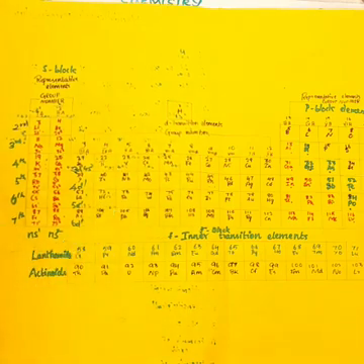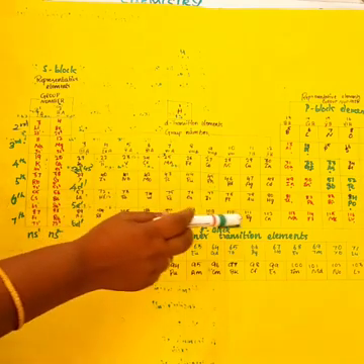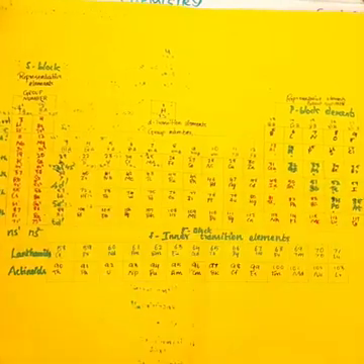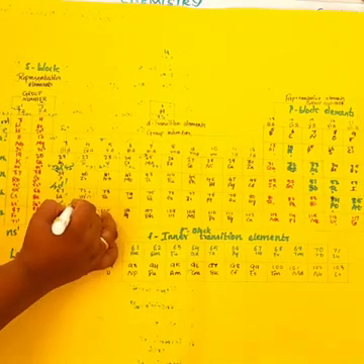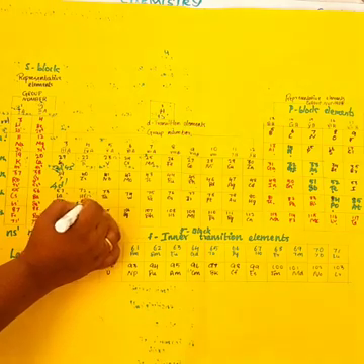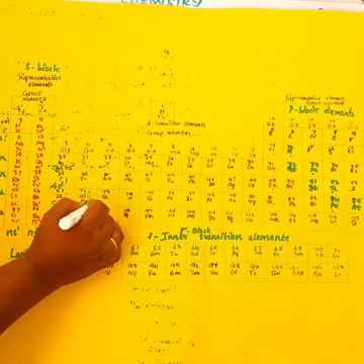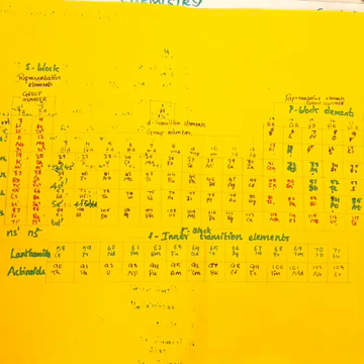It starts from 6s1 and ends with 6p6. Totally 32 elements are there in the sixth period.